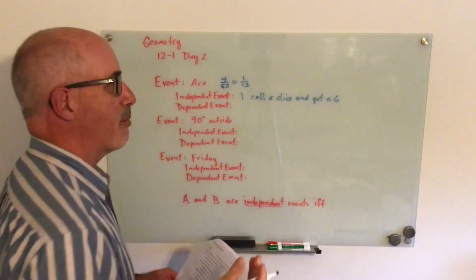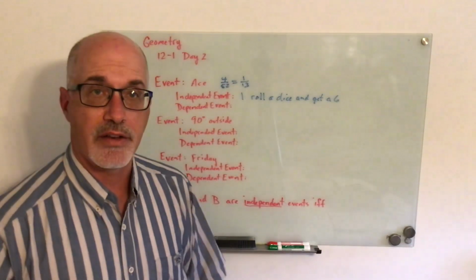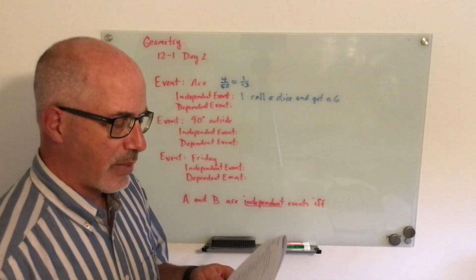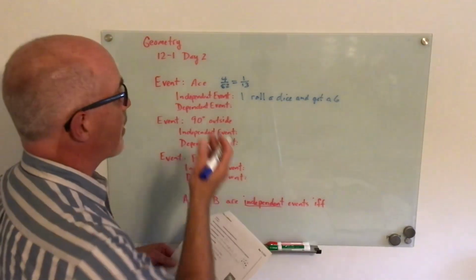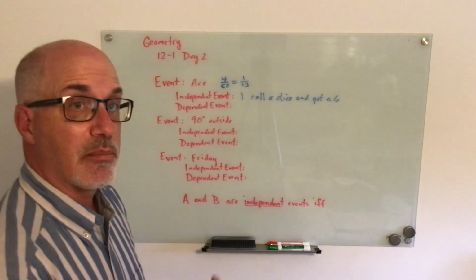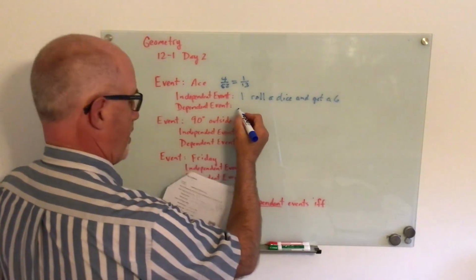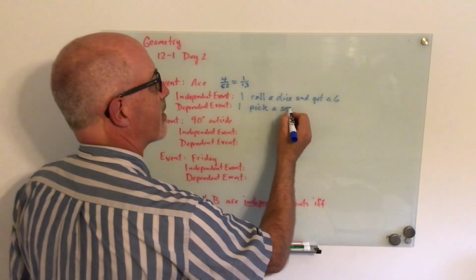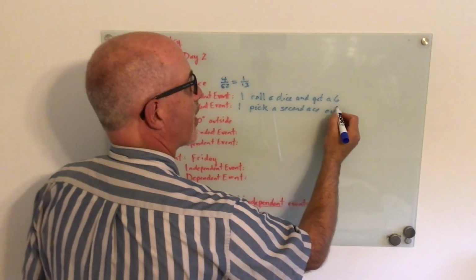Now that's independent because if I roll that dice, it has nothing to do with picking a card out of the deck of cards. A dependent event would be as I pick a second card and get an ace. So if I've already picked an ace out of the deck and I go back to the deck and pick another, and want the probability of picking another ace, so I pick a second ace out of the deck.